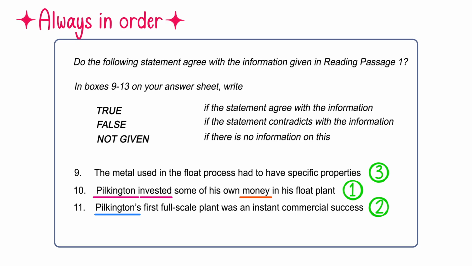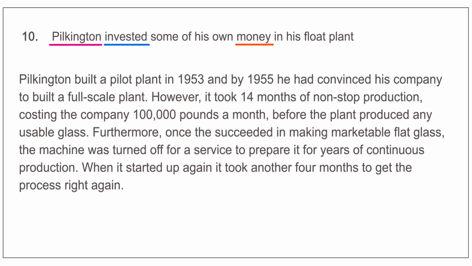Now, in finding the name Pilkington, we come across this paragraph, as you can see. Pilkington built a pilot plant in 1953, and by 1955, he had convinced his company to build a full-scale plant. All right, now we haven't yet found anything related to money. We have to go on reading.